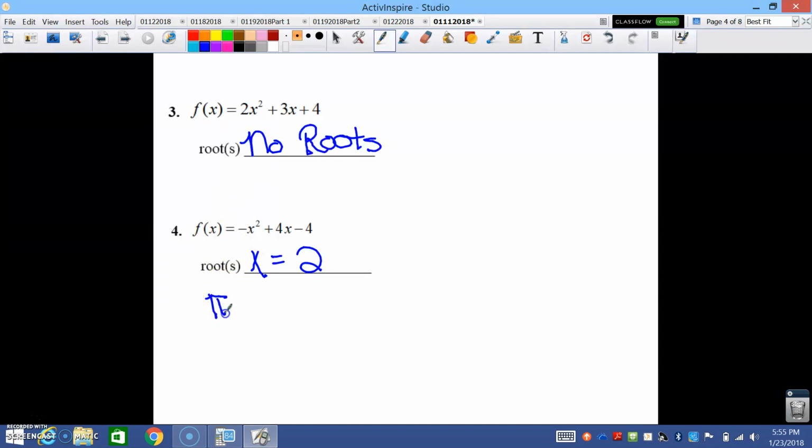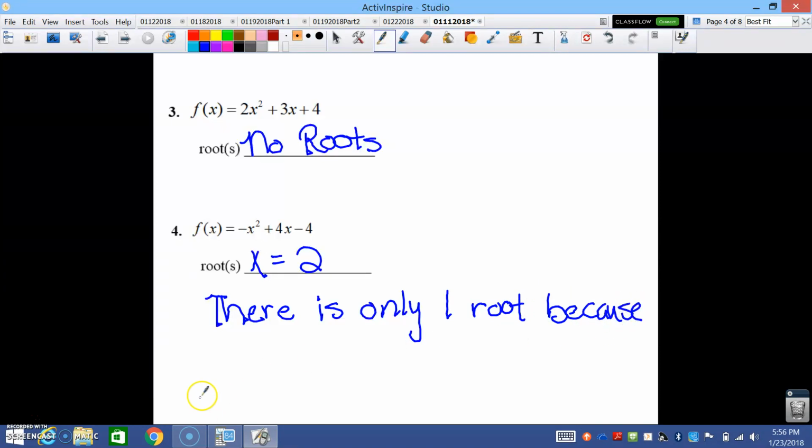Let me try that again. There is only one root because the vertex is at 2, 0.